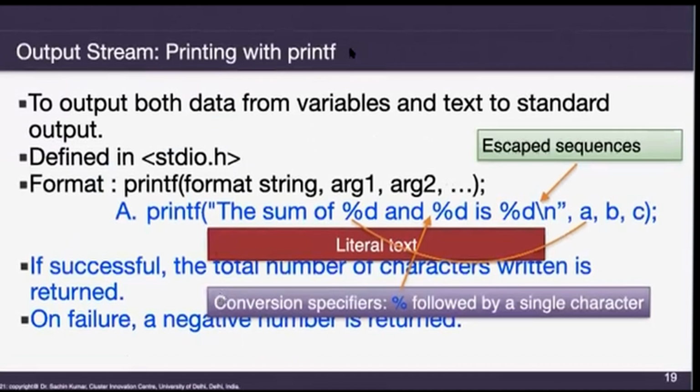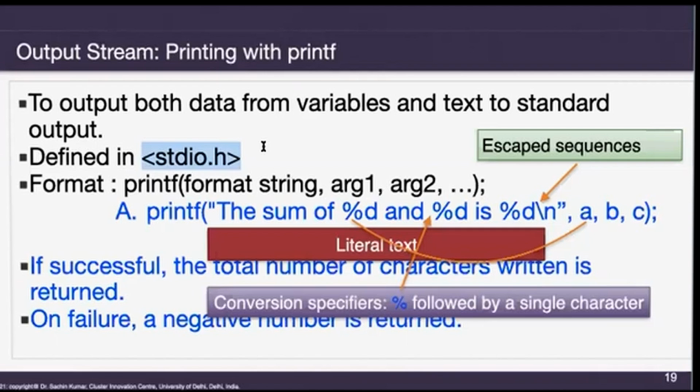Now we come to the output stream, then we will discuss the input stream, then we will discuss standard error, like that. For outputting the value of a variable, we need to first include this header, because we haven't written anything, we are just using it.